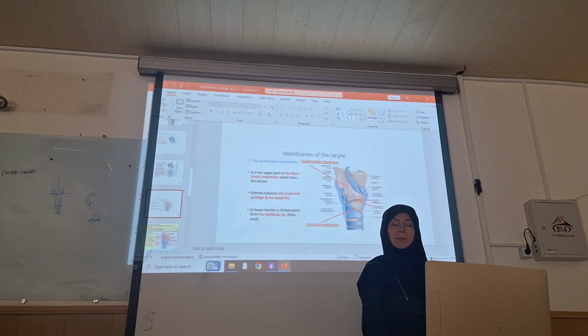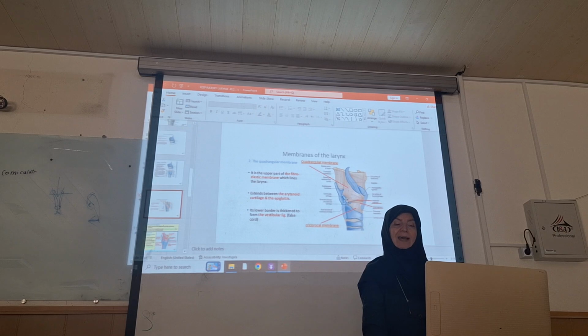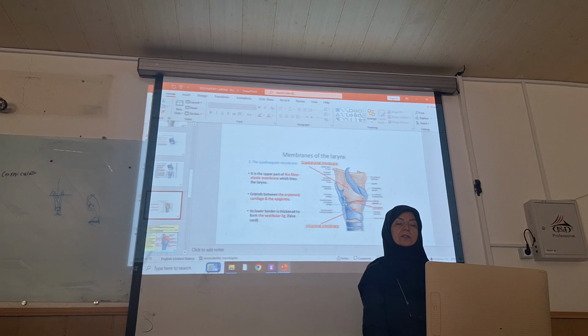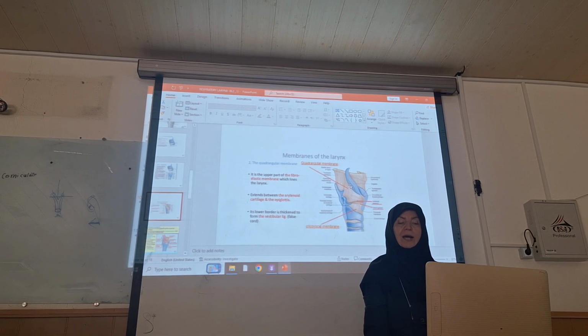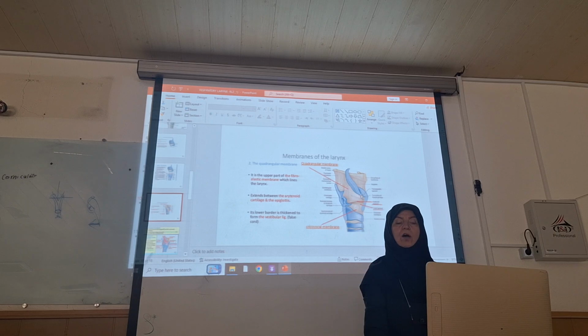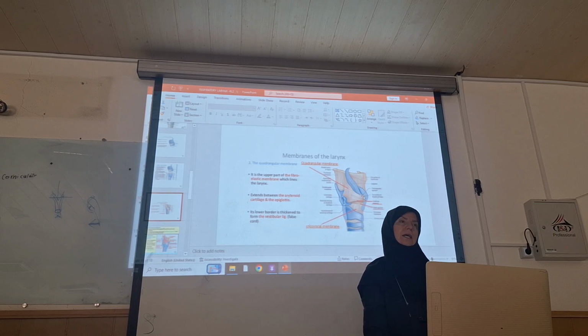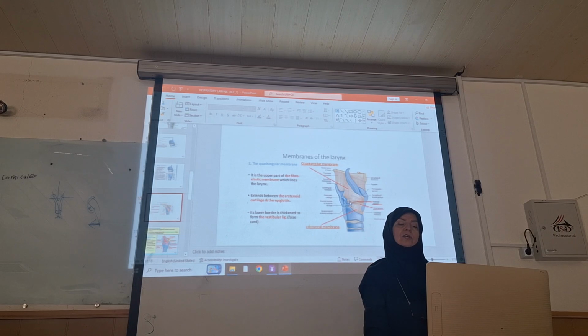Now about the quadrangular membrane. This quadrangular membrane is anteriorly attached to the thyroid cartilage, posteriorly attached to the arytenoid cartilage. Superiorly, it attaches to the lateral border of the epiglottic cartilage.